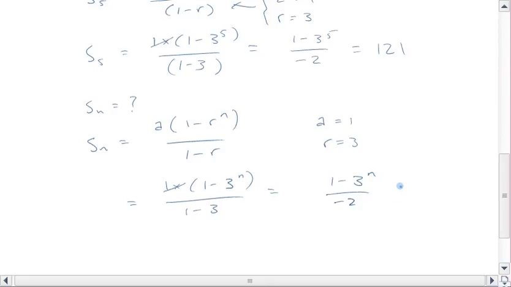I could leave it like that, or I could get rid of the minus sign and say this is 1/2 times (3 to the power of n minus 1).